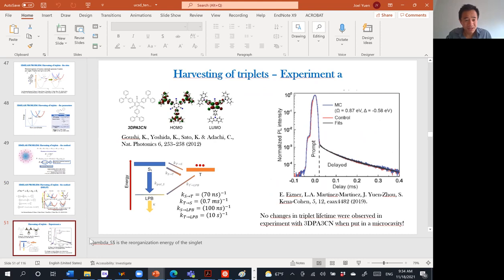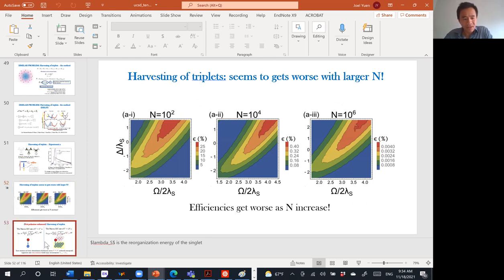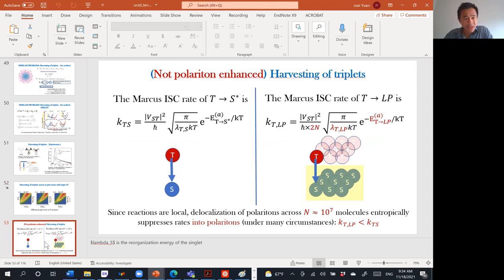And the reason is, you can see it here. The efficiency of this process becomes smaller and smaller the larger the number of molecules there are in the microcavity. And this argument can be understood rather easily. Sure, you can change the energy level of the polariton at will if you wish, and that changes the activation energy, which plays an important role in reactivity.